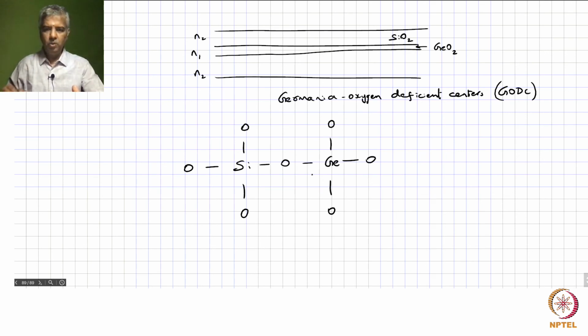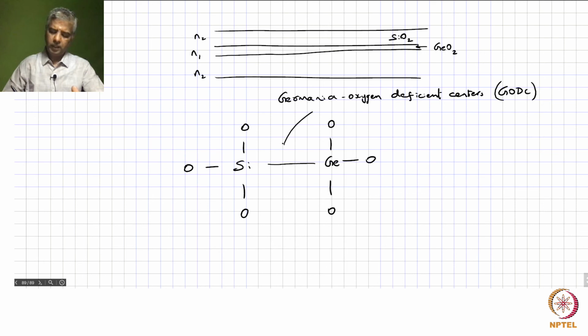Now, when you do such doping, there is a possibility that some of these oxygen atoms are not there, and you form a bond directly between germanium and silicon, or germanium and germanium.